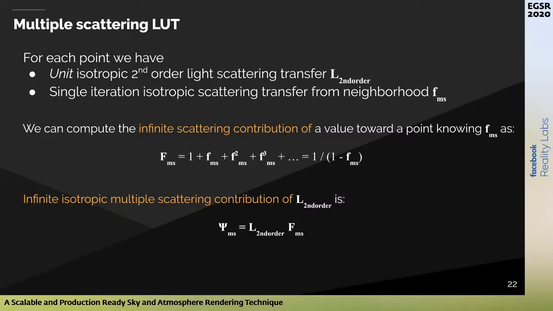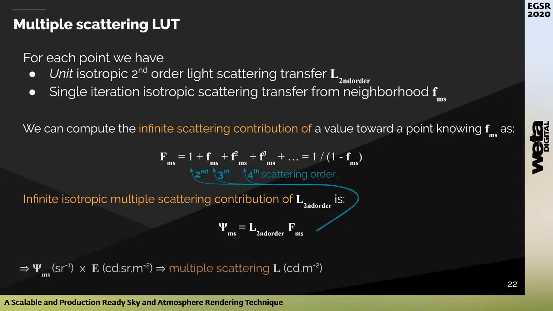You can see in this case how the second order, the third order, and the fourth order, and so on appear automatically. And finally, it can be combined with the actual sunlight illuminance at runtime to finally get the luminance contribution due to multiple scattering inside the atmosphere.